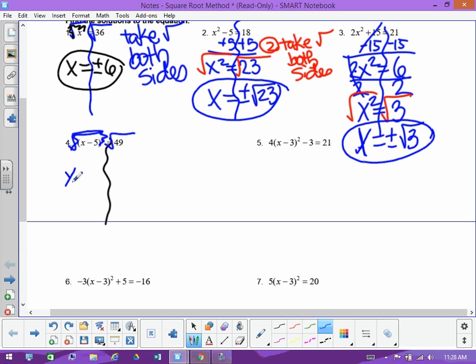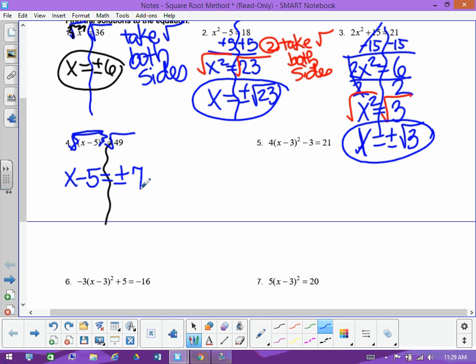All we're left with is x minus 5. That's the whole point. If it's on that same key on your calculator, those are inverses. X minus 5 squared. So, what is the square root of 49? 7. Positive or negative 7. Because 7 times 7 is 49, negative 7 times negative 7 is 49.